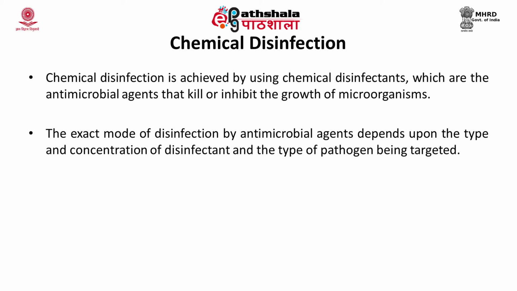Chemical disinfection is achieved by using chemical disinfectants, which are antimicrobial agents that kill or inhibit the growth of microorganisms. The exact mode of disinfection depends upon the type and concentration of the disinfectant, as well as the type of pathogen being targeted.